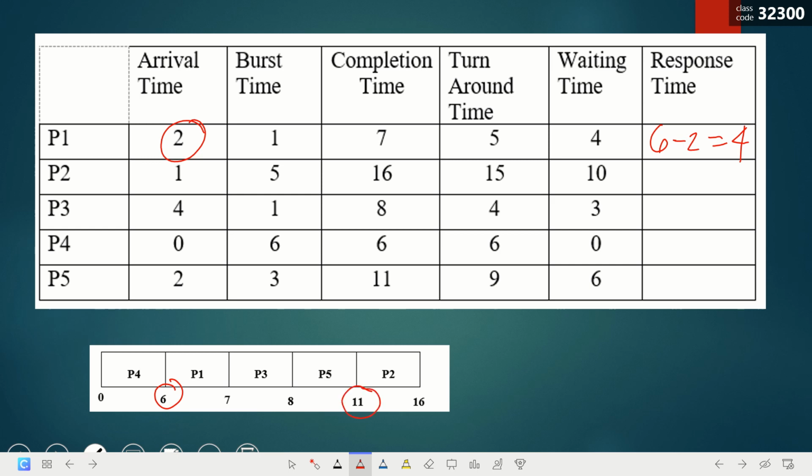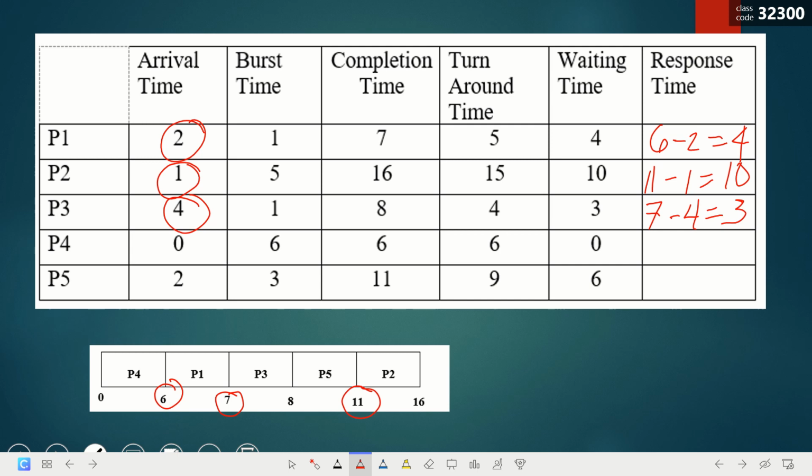So, P2, what is our P2? Our P2 based on our Gantt chart is 11. Minus the arrival time, which is 1. We have 10. And then, what is P3 in our Gantt chart? P3 is 7. So, 7 minus 4. Okay? We have 3.